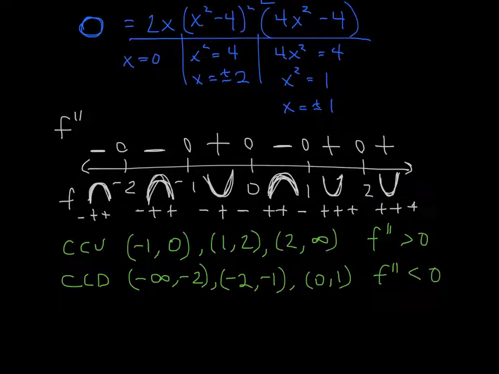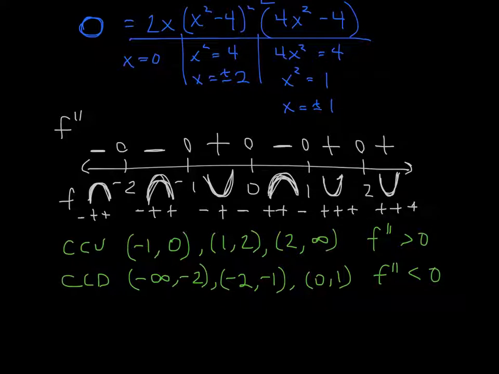Now the other question it asked for was the x values of the points of inflection. Anytime I'm switching signs, either from negative to positive, as in here, or from positive to negative, these x values are points of inflection.